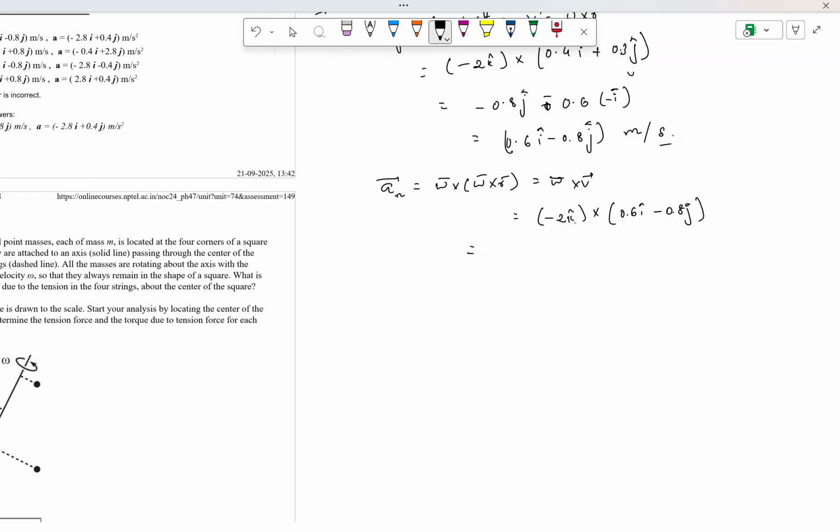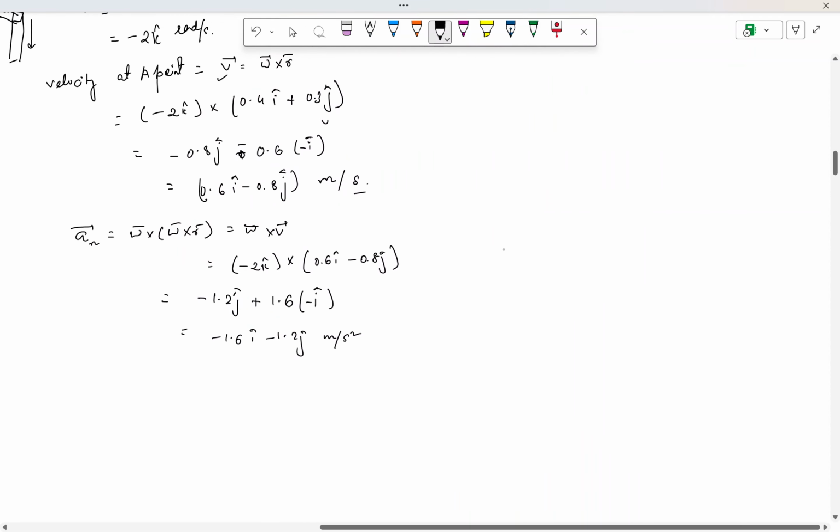So this is k cross i making it j, and k cross j is making it minus i, this minus and minus making it plus, so this is minus 1.6 i cap minus 1.2 j cap meter per second square.